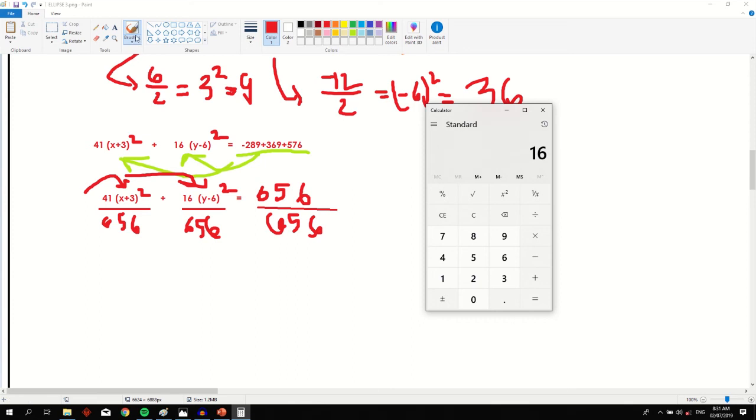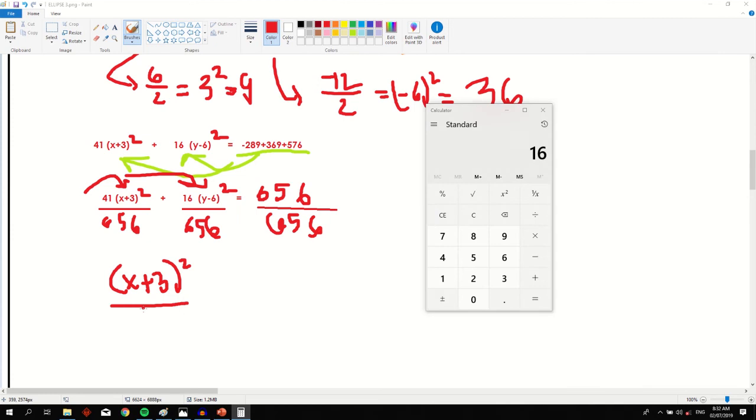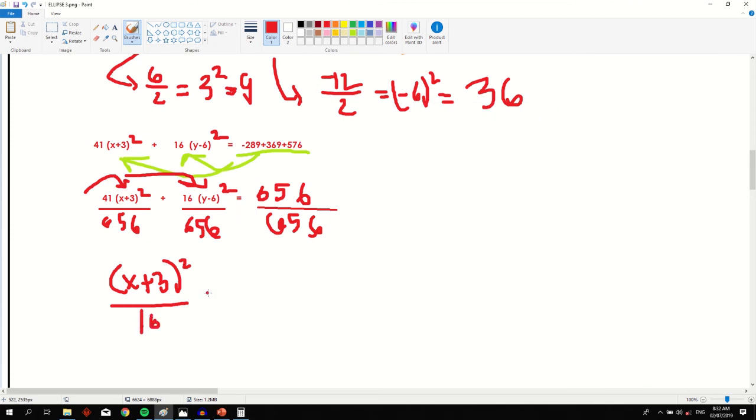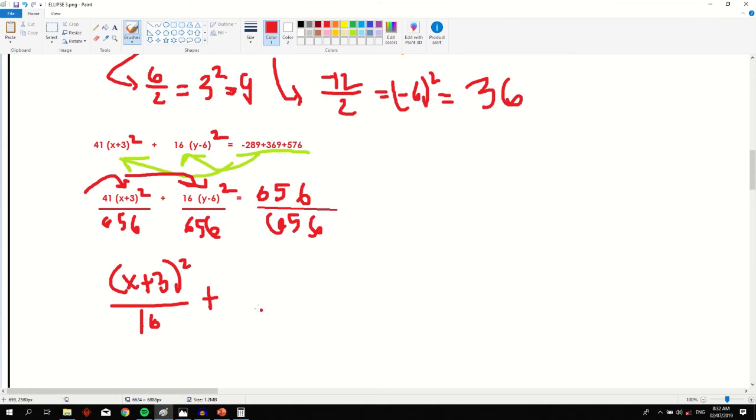So here we have (x plus 3) square over 16, plus. An ellipse is always a plus. Then we divide 656 by 16, which is equal to 41.